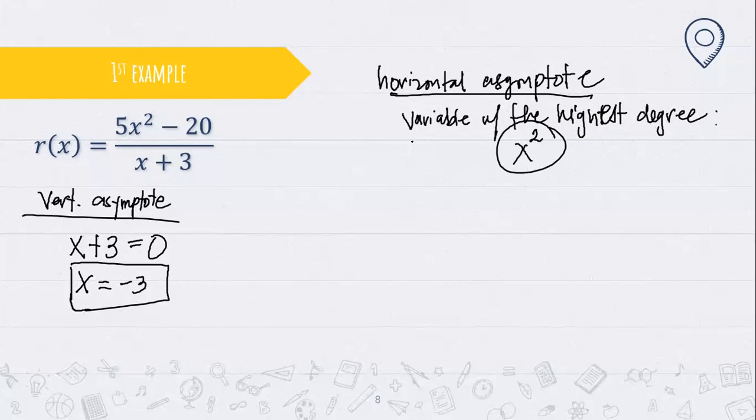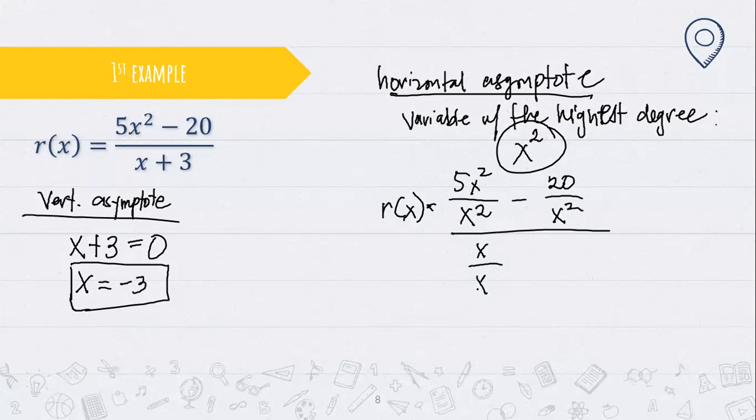Next is what? Lahat ng terms natin sa r of x is equal to 5x squared minus 20 over x plus 3, i-divide natin with the variable with the highest degree. So that would be r of x is equal to 5x squared over x squared minus 20 over x squared, all over x squared plus 3 all over x squared.